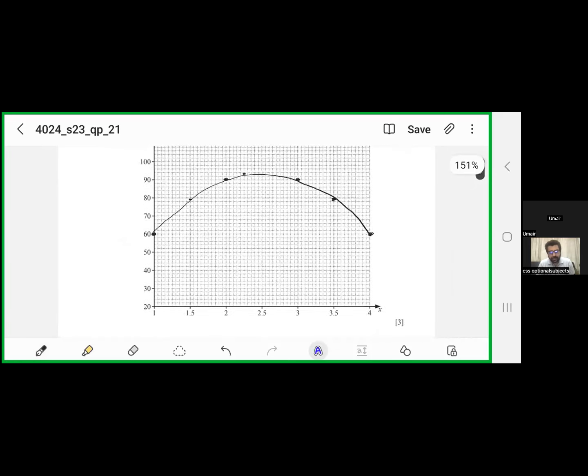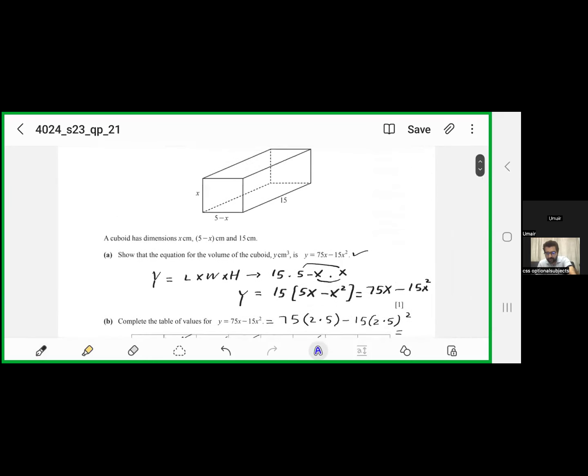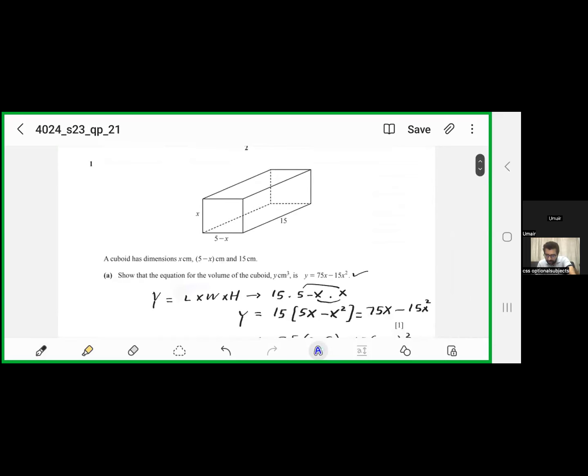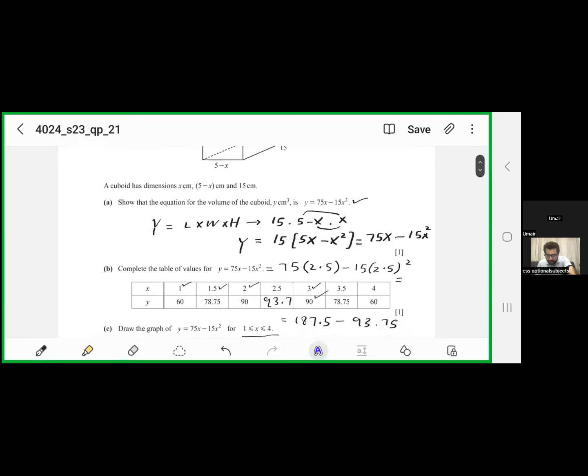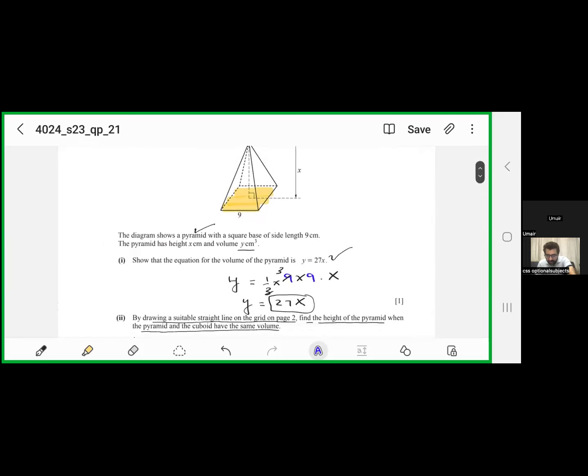We have to find the height of pyramid by equating these two things. If you see this volume of cuboid, y is equal to 75x minus 15x square, this value and the volume of this pyramid, they both are equal according to the given condition in the question.